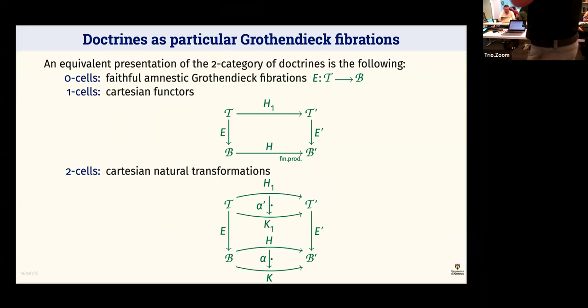and I have to get back to this way of looking at doctrines. So let's talk about a primary doctrine presented like this. What happens is that both the base B has finite products and the total category T has finite products because they get constructed.